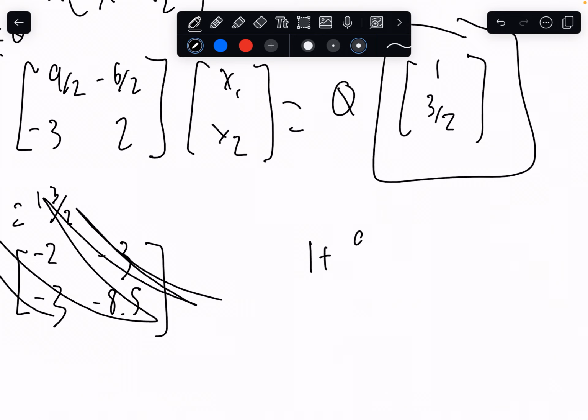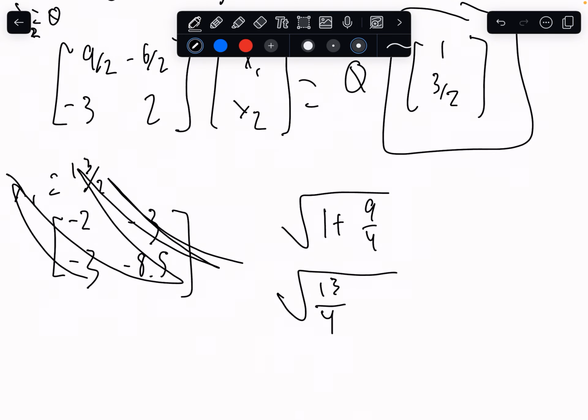So 1 plus 9/4. Make the magnitude. So root of this. So this is root of 13/4.